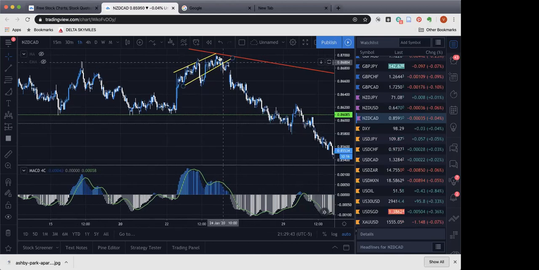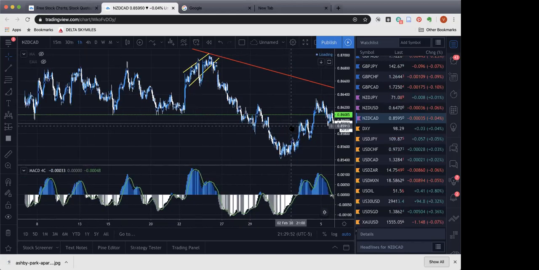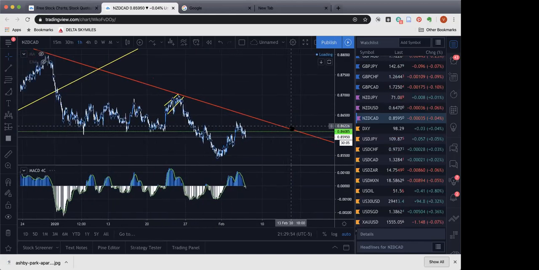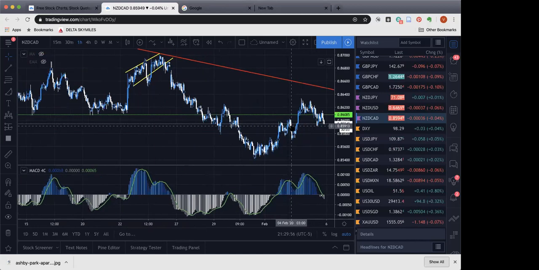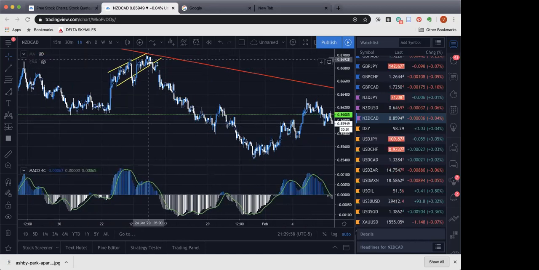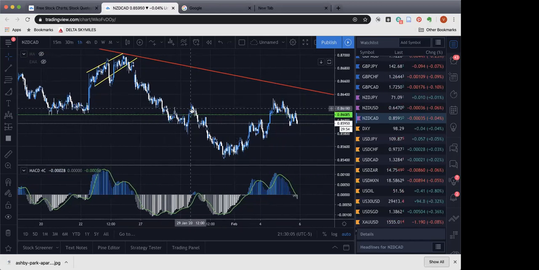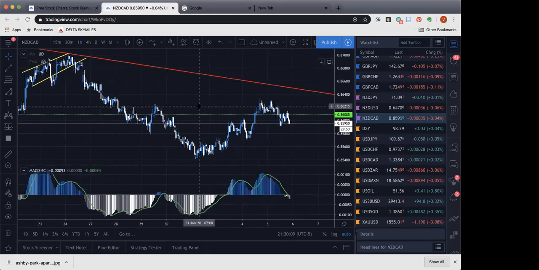So honestly, if you'd have sold anywhere in here right near the trend line, which I actually got us an entry on right here, it sold. So it did the impulse flag. It came down right here. What is this?